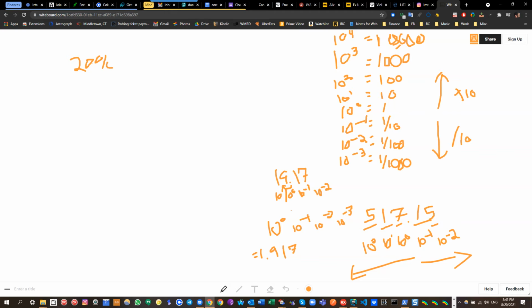20% of 19.17 equals 20 over 100 times 19.17 equals, because I can reduce this fraction again, 2 over 10 times 19.17.